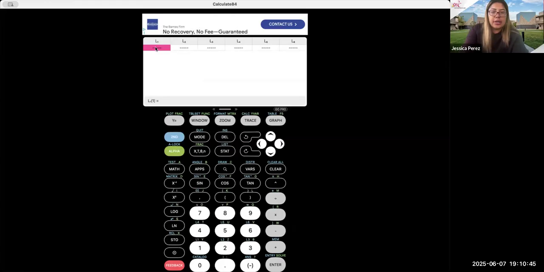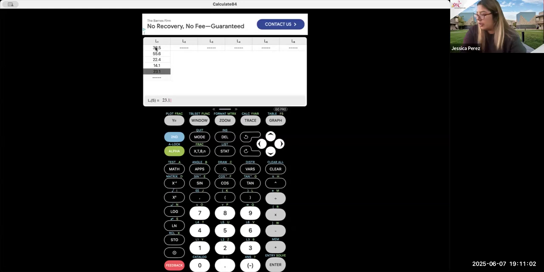So I'm going to input my data: 38.5 and then enter, and then 55.6 and enter, and then 22.4 and enter, and then 14.1 and enter, and then 23.1 and enter. So again, I hit stat, edit, and then list my values: 38.5, 55.6, 22.4, 14.1, and 23.1.